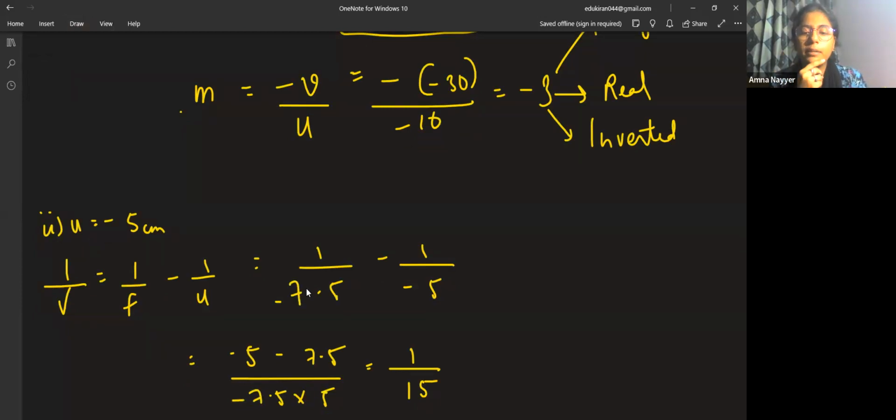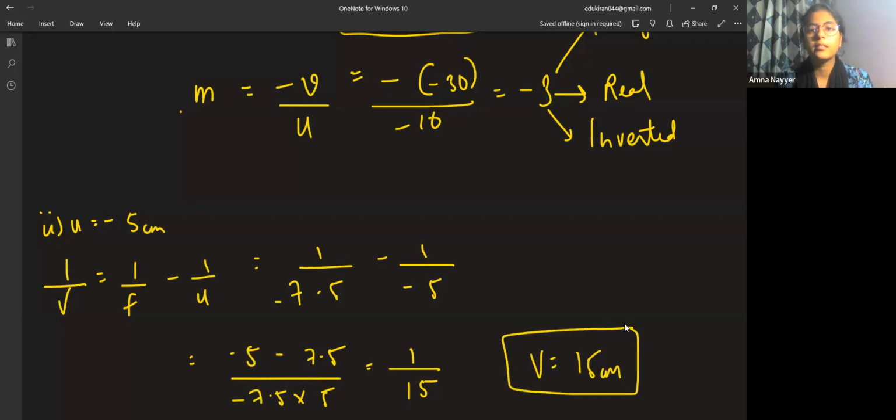So then only it will come minus 1 by 15. 1 by 15 is there. So v will come 15 centimeters. Who all have answered? Chavez, v 15. Deborah, 15. Rajita, minus 15. No, 15. And centimeters, not meters, Rajita.